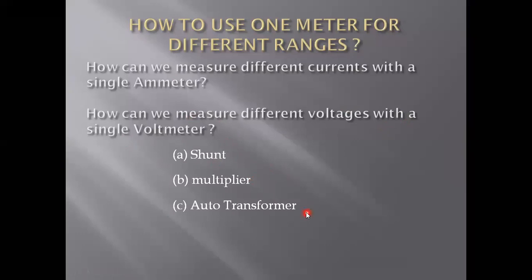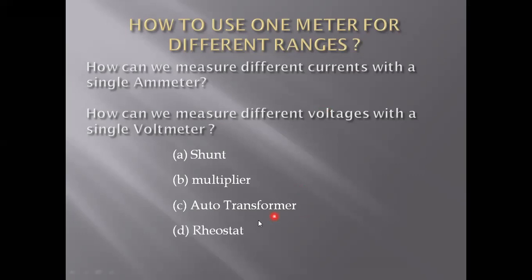We can also provide this facility by using an auto transformer. So an auto transformer can step down the voltage. So we can use an auto transformer along with the voltmeter and measure different voltages.